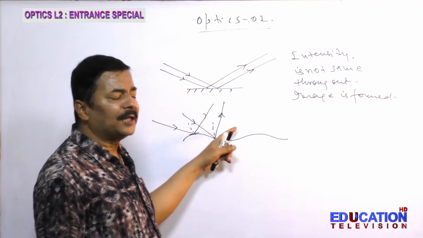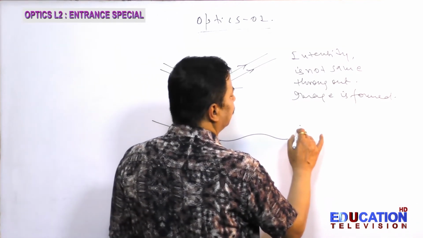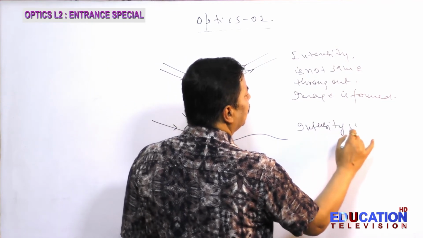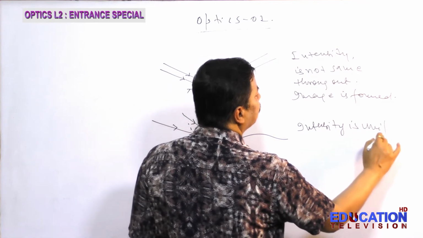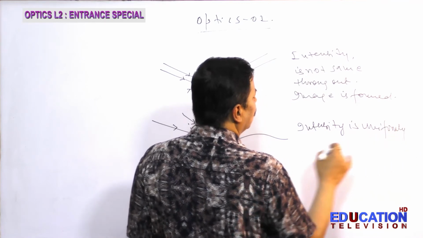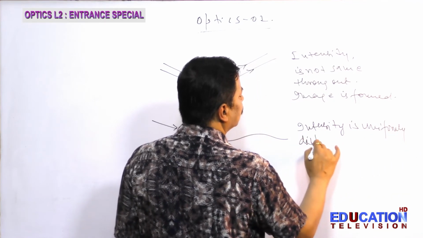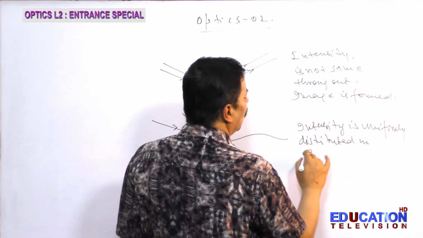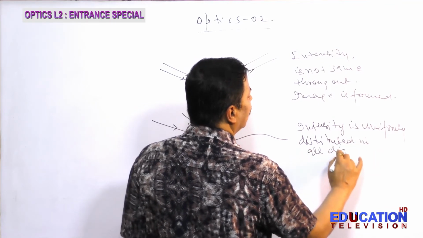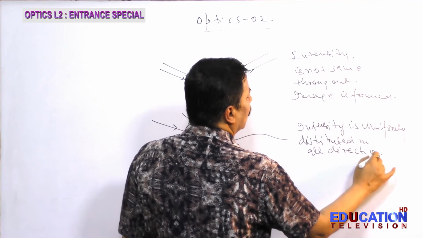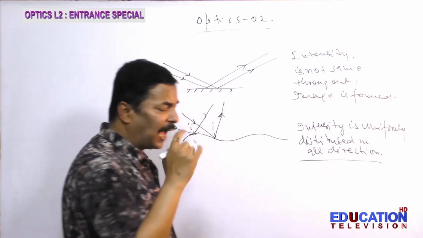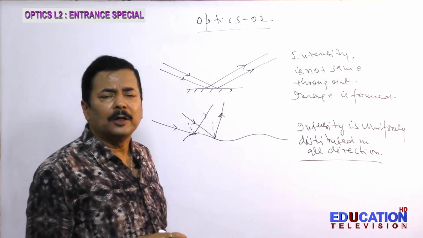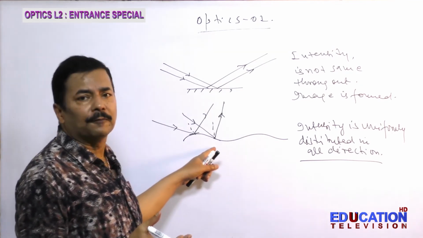Here the intensity is uniformly distributed in all directions, so we are able to see an object in a room from all sides with the same illumination due to diffuse reflection.